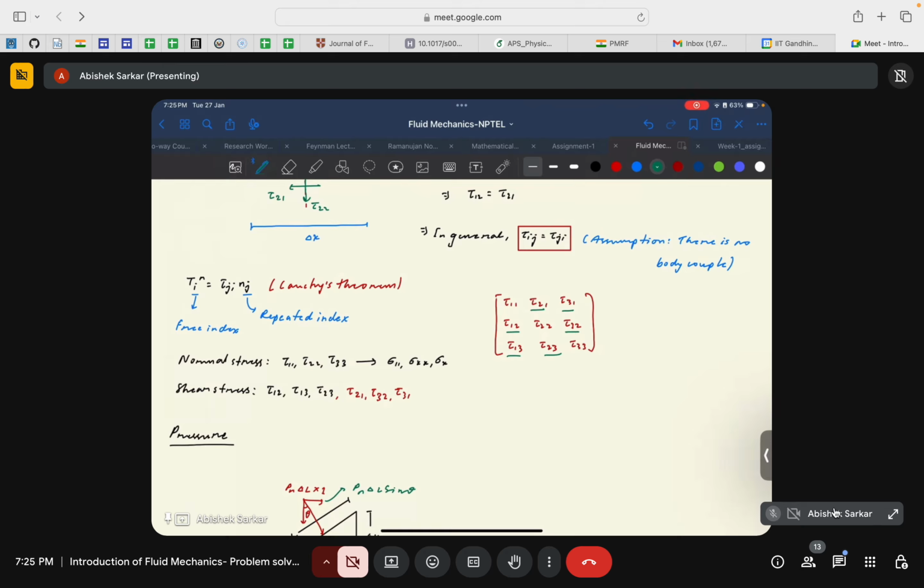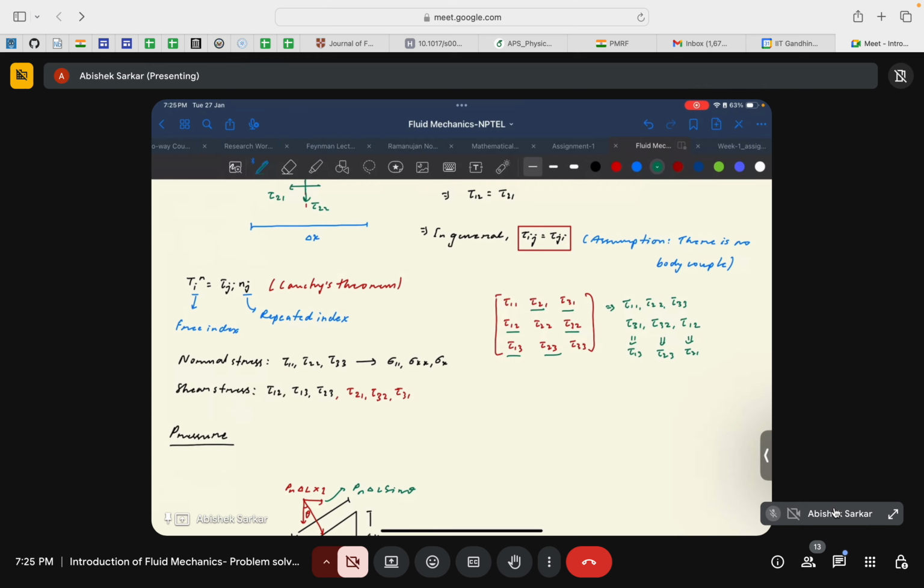So the only unknowns that we will have are tau 1 1, tau 2 2, tau 3 3, tau 3 1, tau 3 2, and tau 1 2, because this would be equal to tau 1 3, this would be equal to tau 2 3, and this would be equal to tau 2 1.